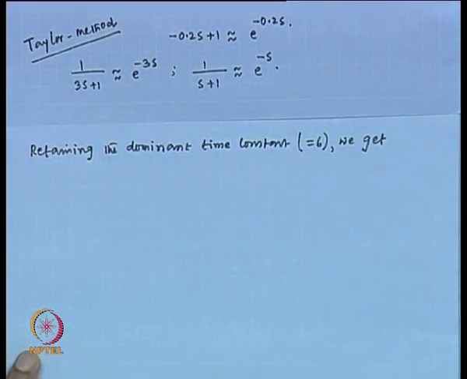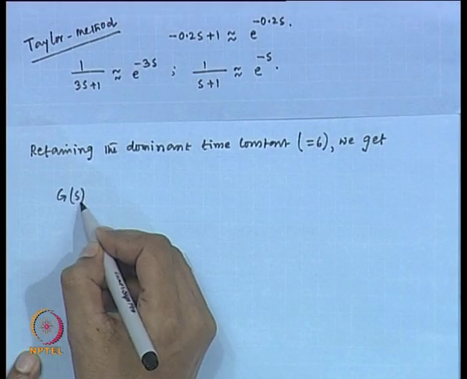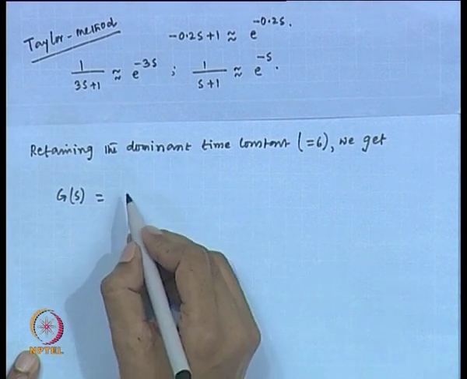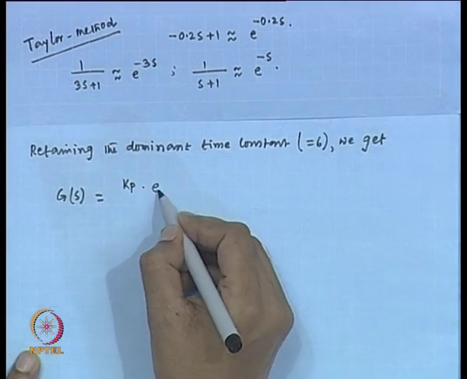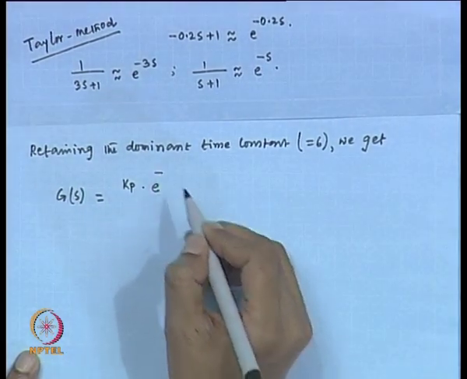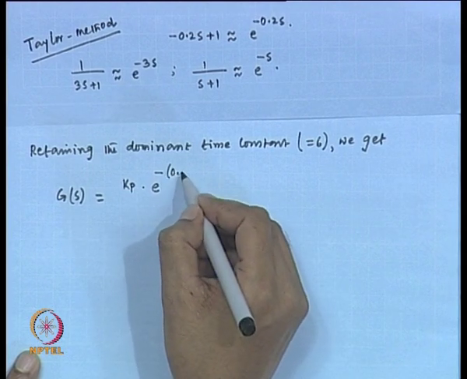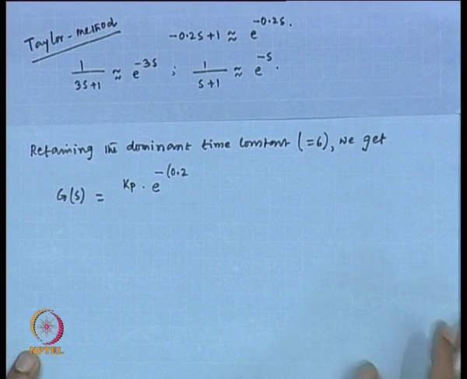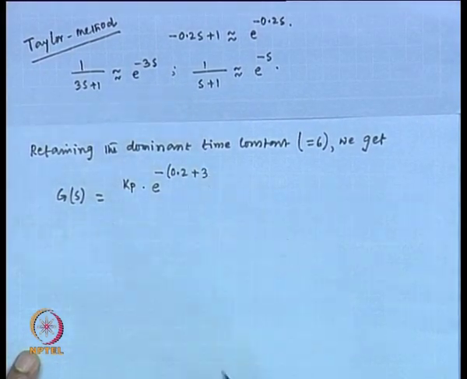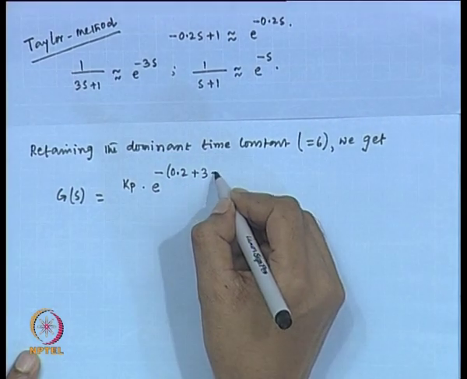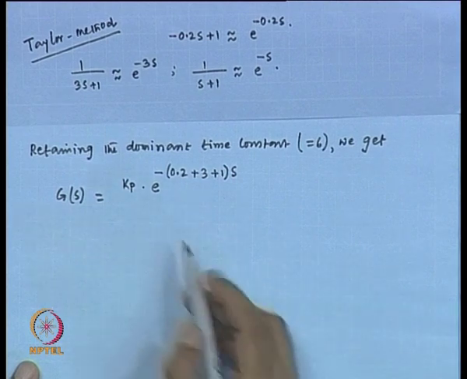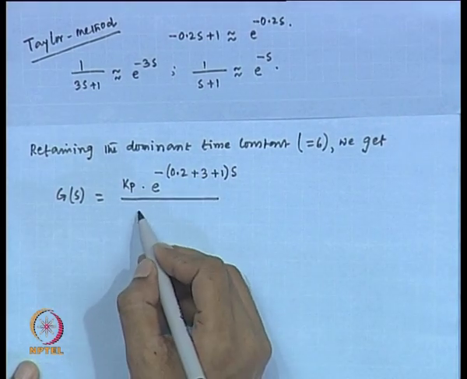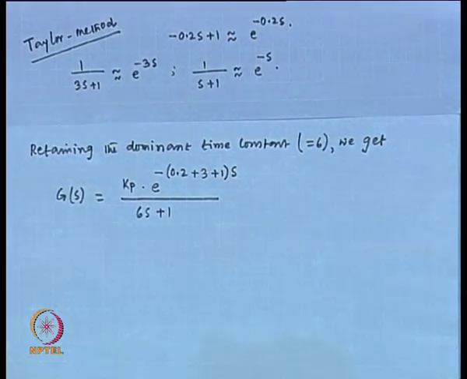We get G(s) equal to Kp exponential of minus (0.2, another one is 3 and third one is 1) multiplied by s, and the largest time constant remains in the denominator.